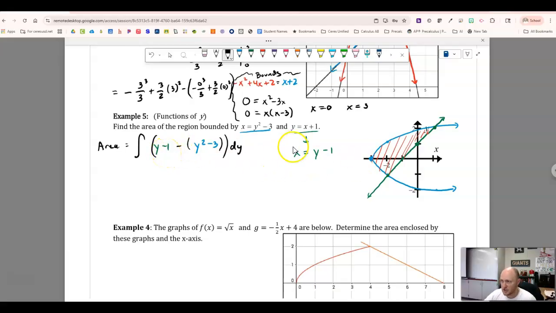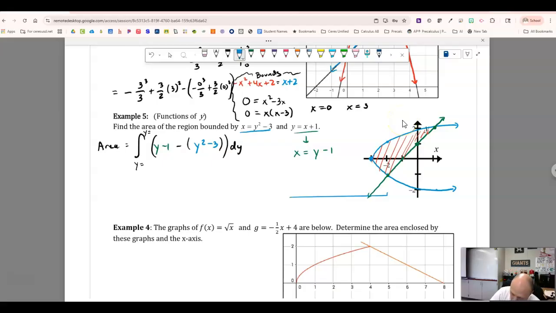And so what I'm going to have to do, well, here's the other thing: your bounds, this is in terms of y, so this needs to be y equals certain values, right? So it's not going to be right and left x values, it's going to be up and down y values. So it looks like it'll be -1 to 2, but let's just go ahead and see.